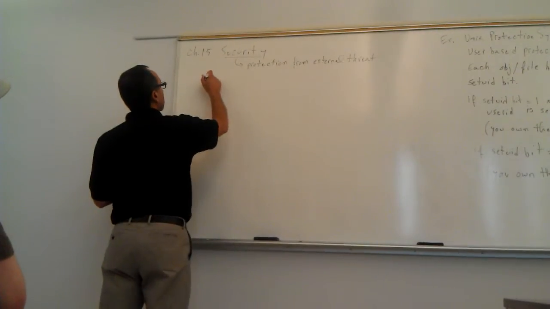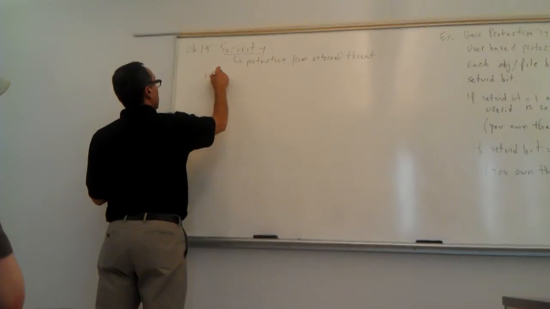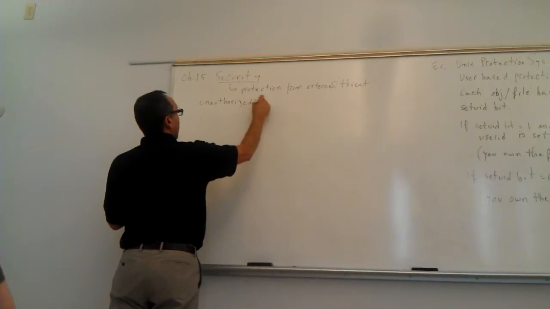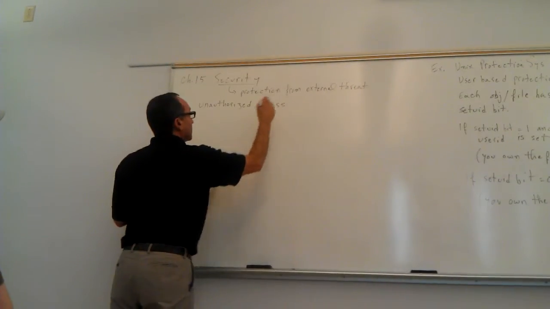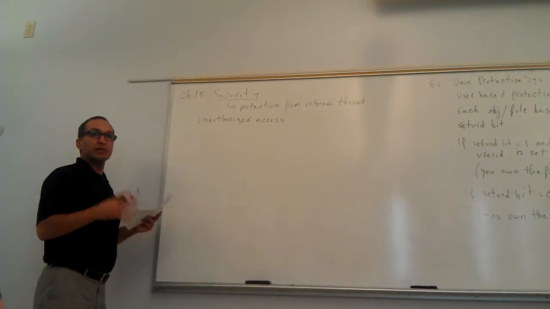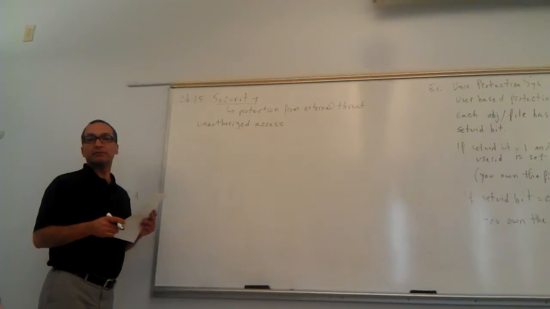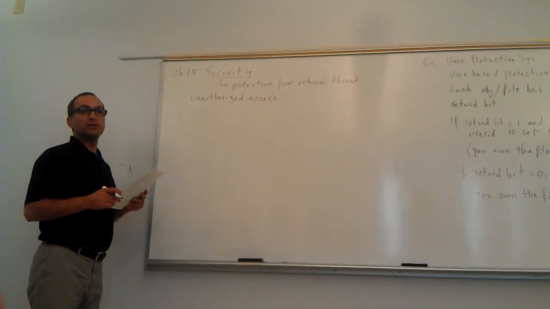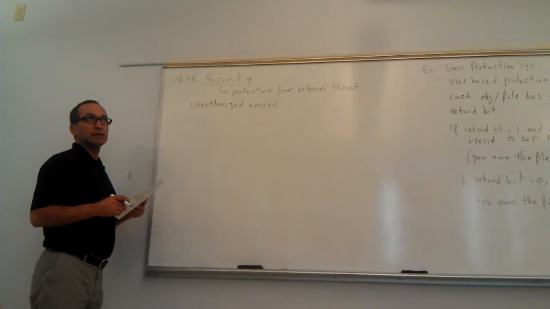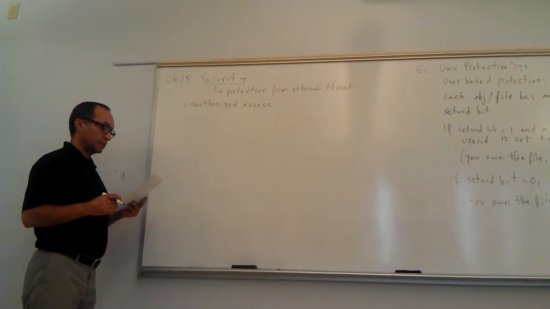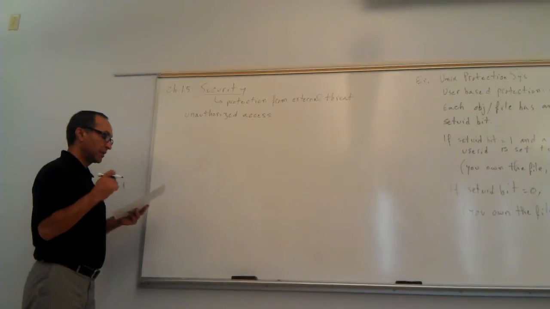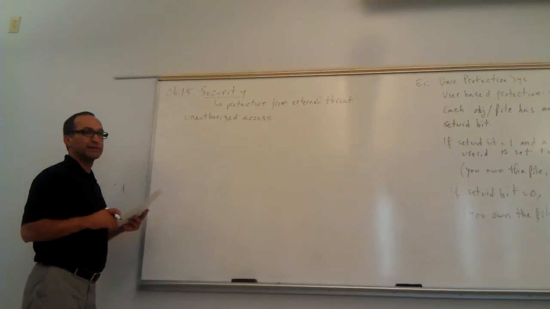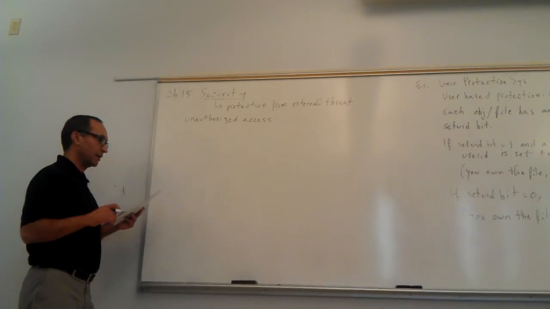So examples of this are just unauthorized access. Just that is really bad, right? Even not doing anything bad, just a user getting on your system and just looking around. That really makes me mad. If somebody does that to my computer, not doing anything bad.